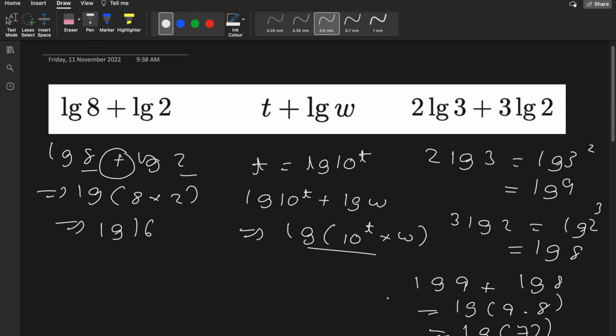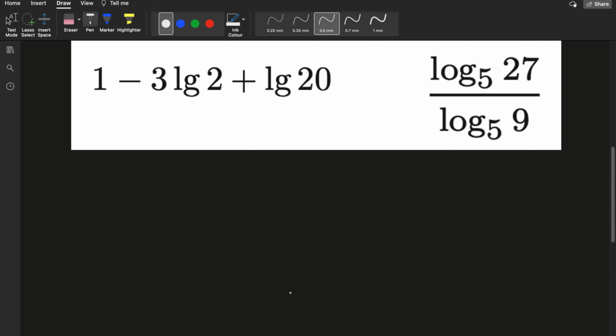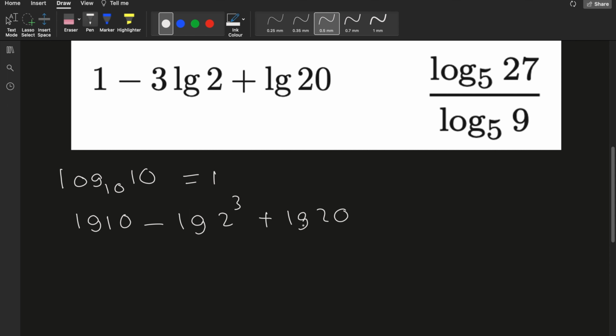Alright, let's work on the next examples. Okay, so here the base would be 10. So log base 10, log 10 base 10 would give you 1. So we can substitute this into the equation. So log 10 minus log 2 to the power of 3 plus log 20. So first let's work on this.